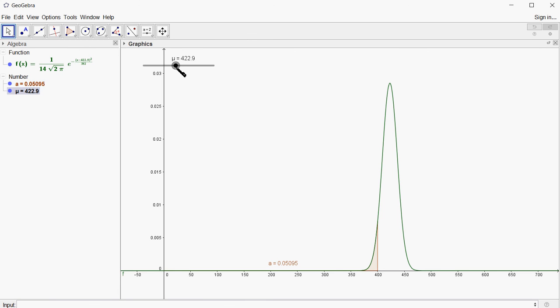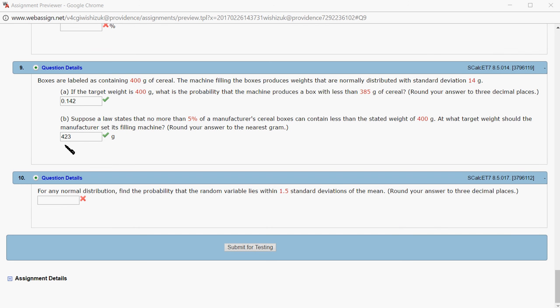So here you can see that if you run it to integer, mu equals 423 would be the closest we can get. That's why the answer was 423. So that's another way of finding this value.